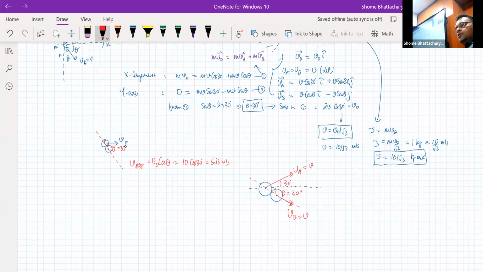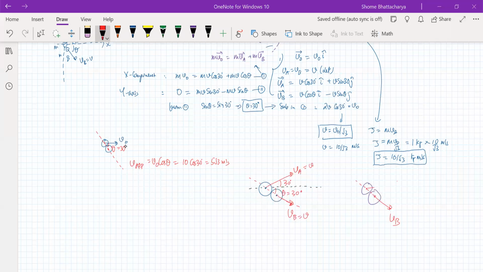So now if you look at A and B in that sense, you realize that with respect to this, it's like this. So this angle is how much? It is 60 degrees. It's theta plus 30, which is 60 degrees.